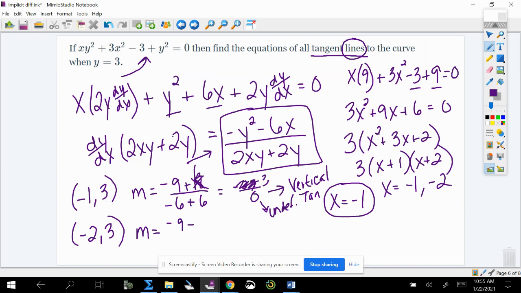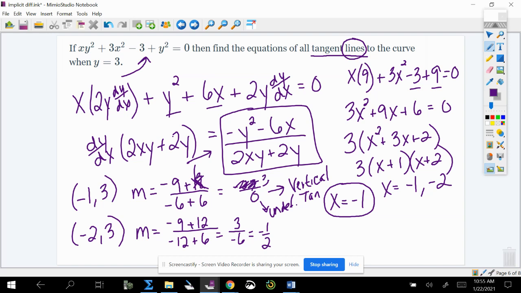So -9 minus 6 times -2 is plus 12, over 2 times x times y, so 2 times -2 times 3 is -12, plus 2 times 3 is 6. So we get 3 on top, -6 on the bottom, so I get a slope of -1/2.